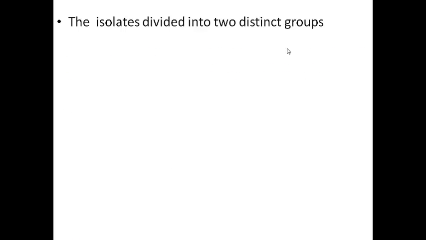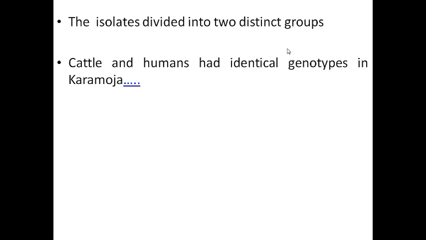Now this tool divided these samples into 2 groups that directly put them back into their geographical areas that were sampled. Geographical area or time difference, because the cattle and humans in Karamoja actually shared genotypes. This would simply mean either the humans are getting it from cattle, or cattle and humans are getting it from the same environmental source, and it's more likely that they are getting it from the same environmental source, given that these pastoralists share water sources with their animals.